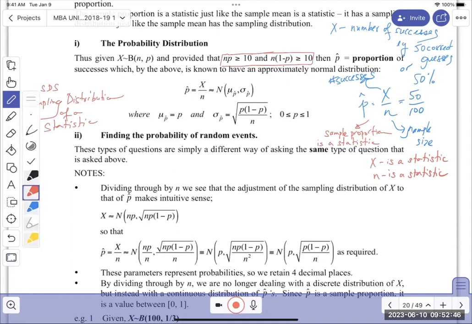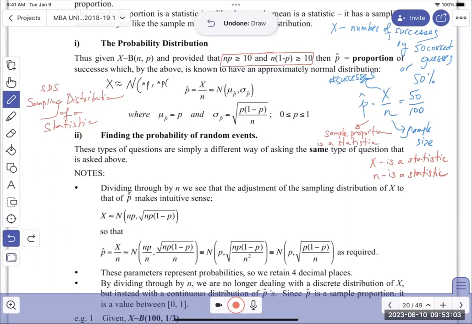So let me add here. I'm squeezing this in.